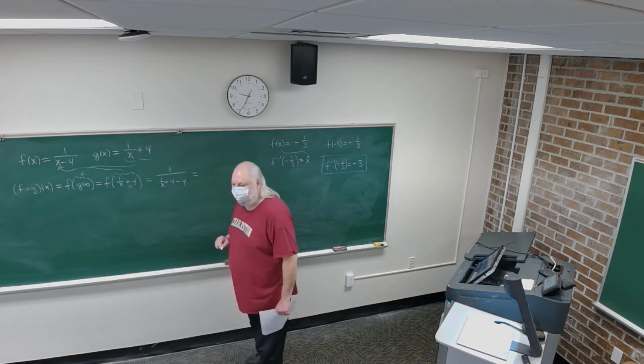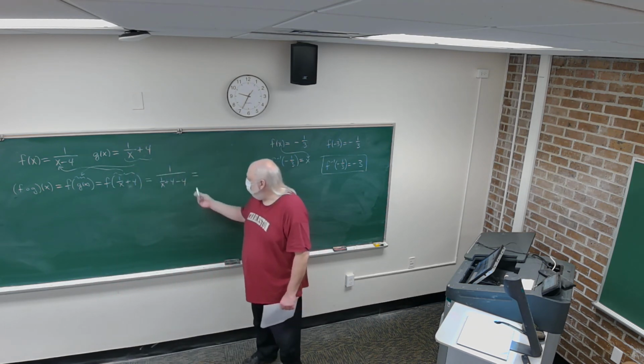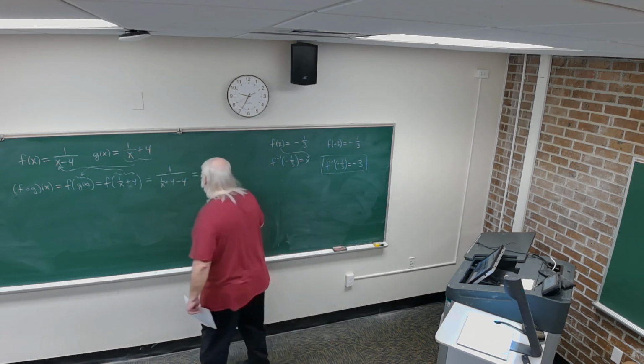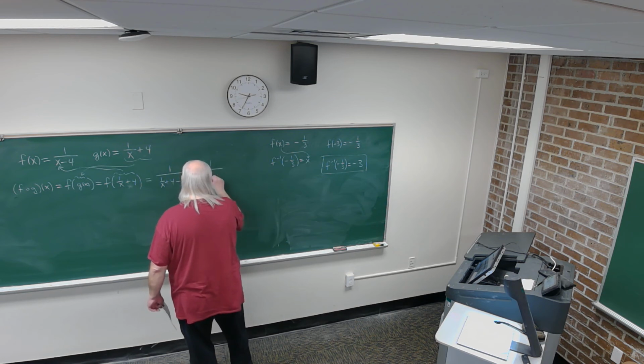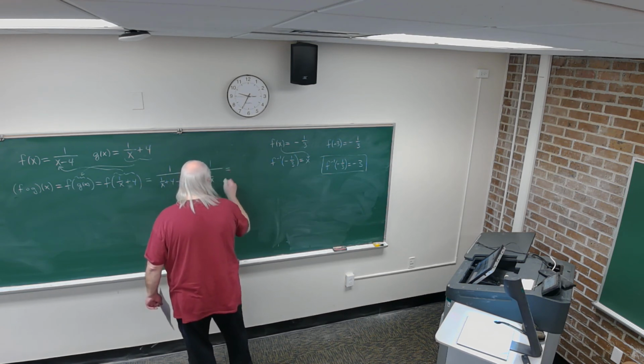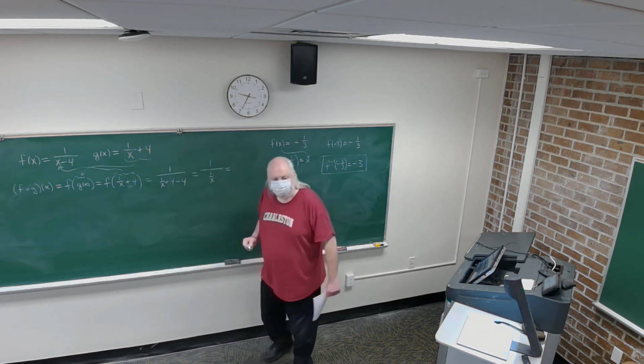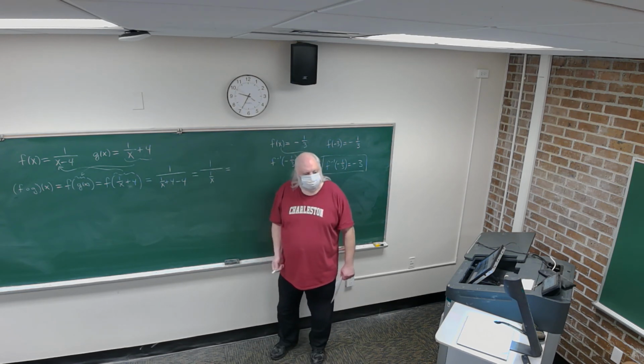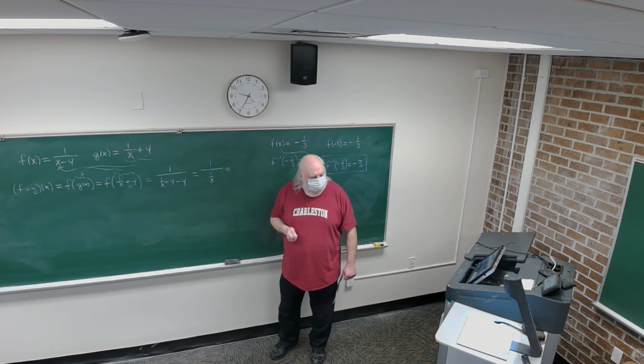This is a complex fraction, right? You gotta simplify. Here's the main denominator. 4 minus 4 is 0. So we end up with 1 over x. And we've had this conversation already this semester. When you divide 1 by a fraction, what do you do to the fraction? Just flip it over, right?